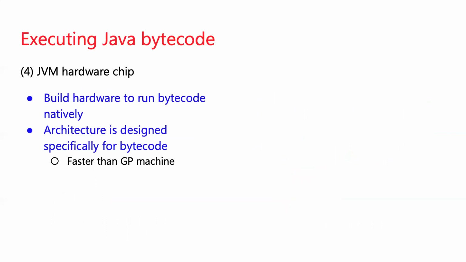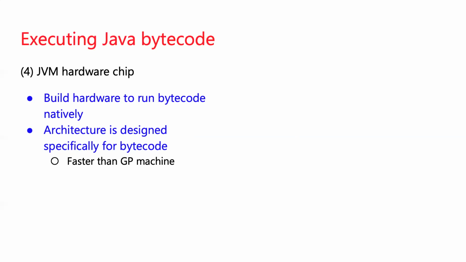There's another way we could go, and this was popular in the early days of Java, but maybe not as popular now. We could build a processor in hardware that just knew how to run Java bytecode. Earlier, I said Java bytecode is a made-up instruction set that no real processor runs.